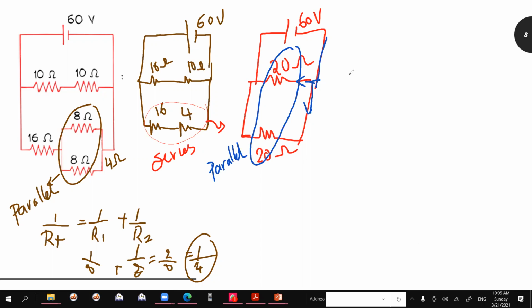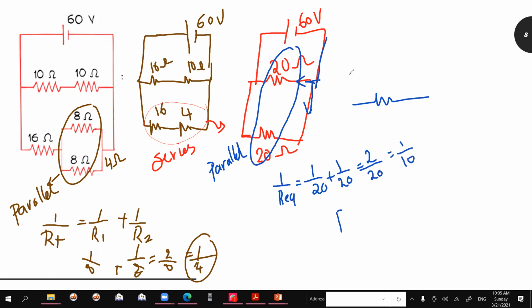So 1 over equivalent will be 1 over 20 plus 1 over 20, which is 2 over 20 or 1 over 10. So the R equivalent here will be 10 ohm.